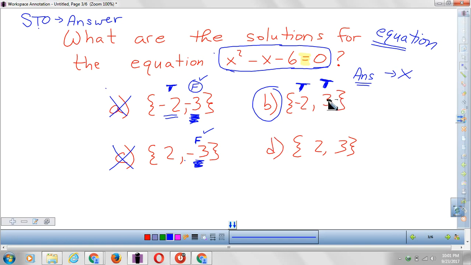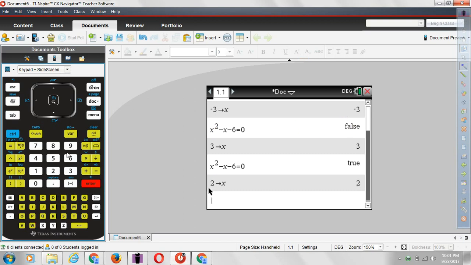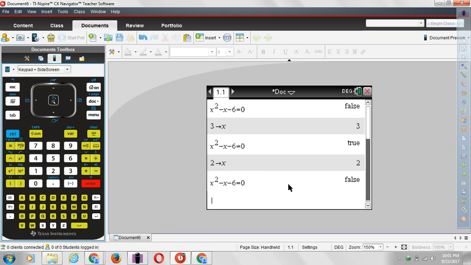And now that I got that 3, even if I wanted to check, I could check the final answer, choice D. This one's going to be true because positive 3 is true. So we know that that's a good answer. But let's see what happens with positive 2, because we have not checked positive 2 before. We only checked negative 2. If I do positive 2 and do my same process, my answer will come out to be false.